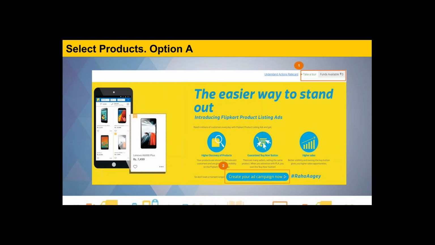Go to the advertising tab. On this page, you will see your funds available, which includes 90% of your cash on delivery COD balance and your total credits. Free credits is a bonus that we provide you, which you can use to create ad campaigns.